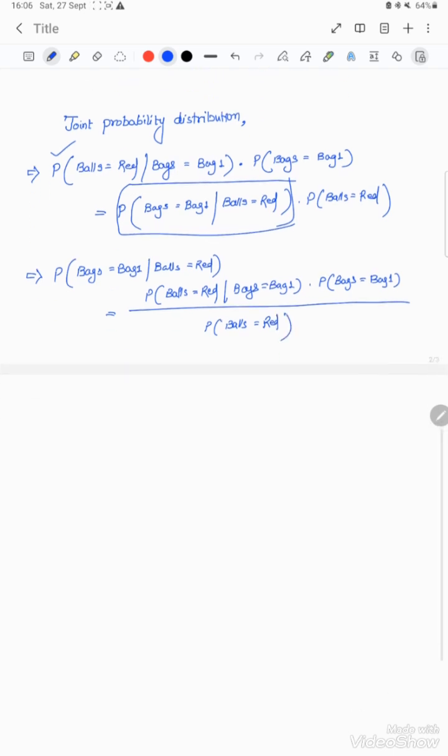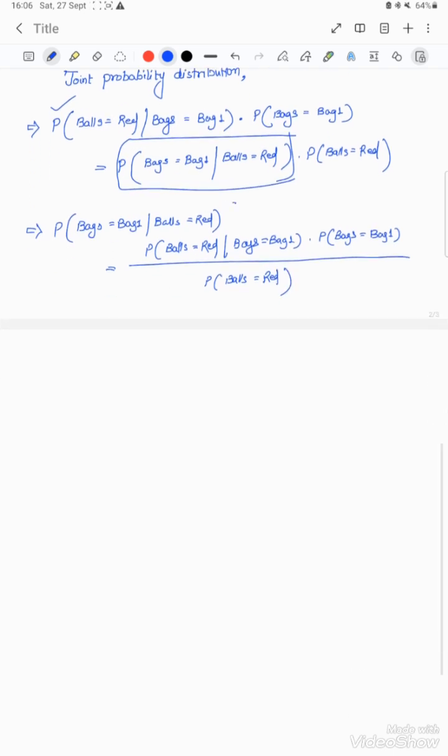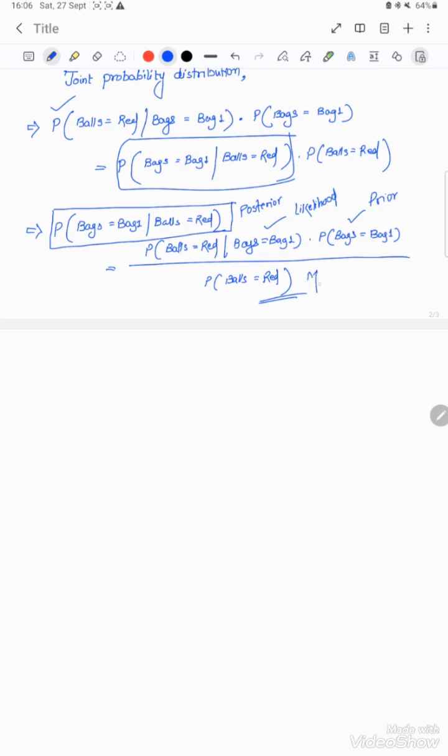This is the expression. In this expression we call this notation the posterior probability, this thing is called the likelihood, this is called the prior, and this is called the marginal. There are some probabilistic notations which we will see, and why they are called so.